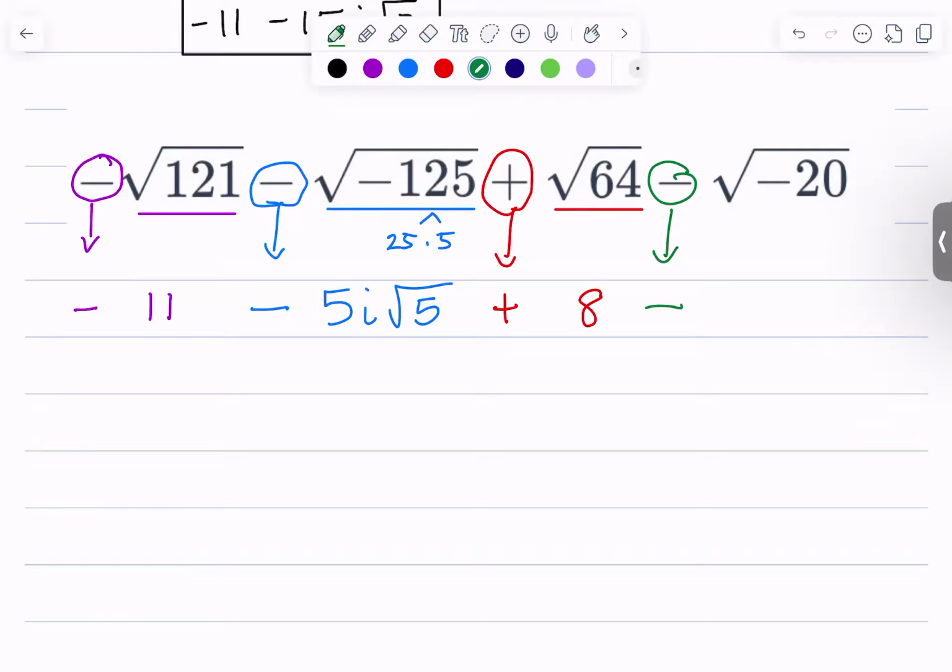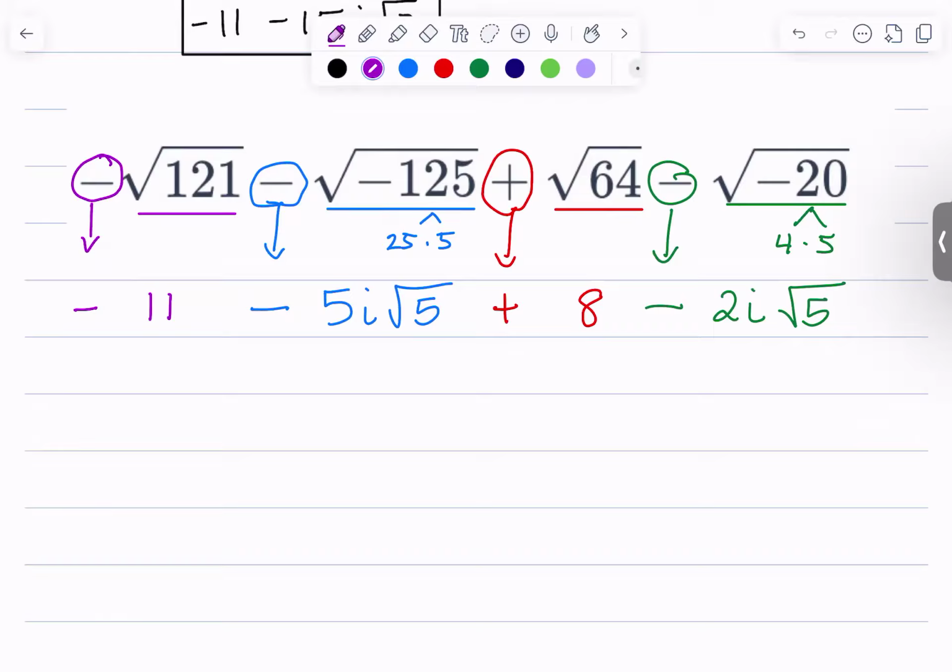How about negative 20? 2i square root of 5. Yeah? Everybody's good? Because 20 breaks out to be 4 times 5. Square root of 4 is 2. Square root of 5 just stays inside. And then the negative is the i.